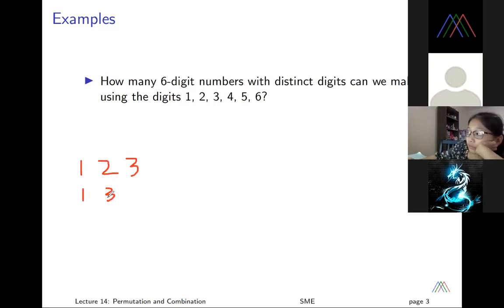Then we can just try out all of the numbers and write down all of them. So there's 6 possible numbers if there's only 3 digits. So that's a hint. I'll give you guys a bit more time to think about this.